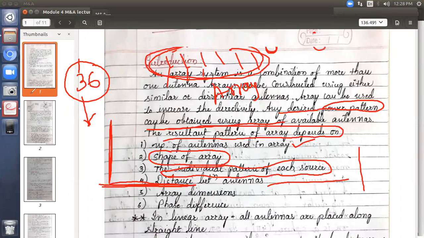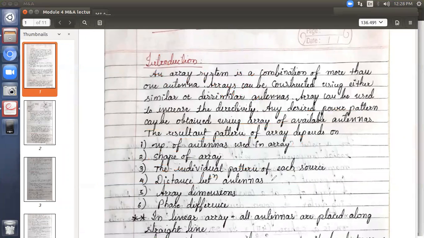Then the distance between antennas, it's an important parameter. Based on this, many problems we will be solving in the further concepts. Distance between the antennas, अगर मैं 6 antennas ले रही हूँ एक array system में, now the distance between these antennas, this matters a lot, whether you are spacing them very closely, whether you are keeping all these at equal distances or different distances.